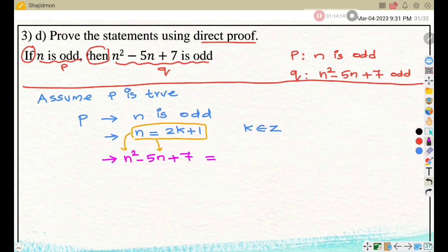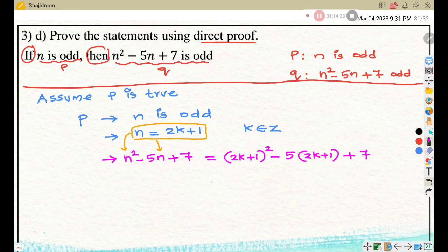So we can write n square, n means (2k plus 1) square, minus 5 times n, that is 5 times (2k plus 1), put it in a bracket, plus 7.